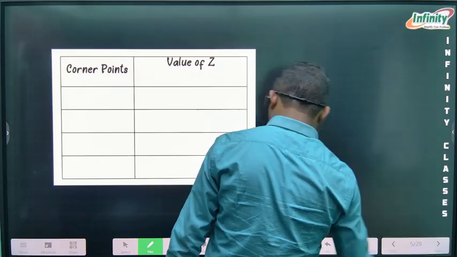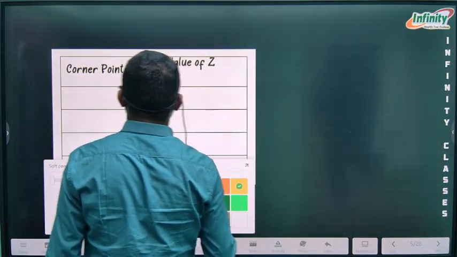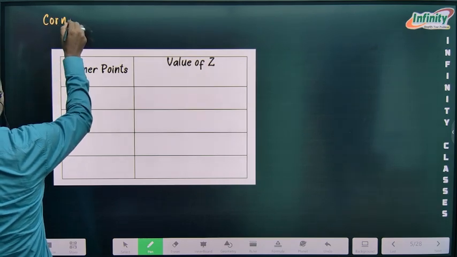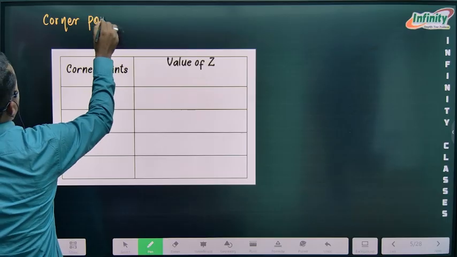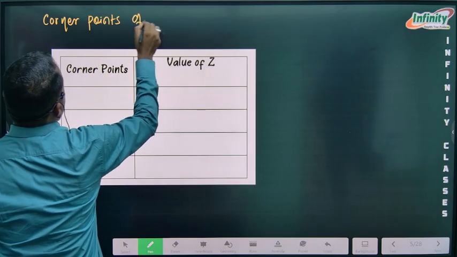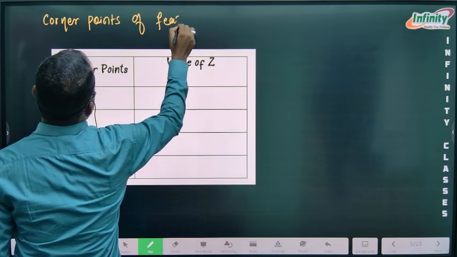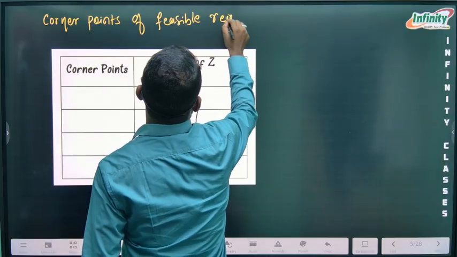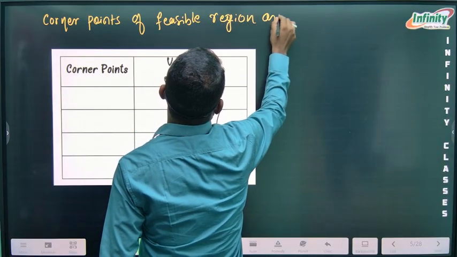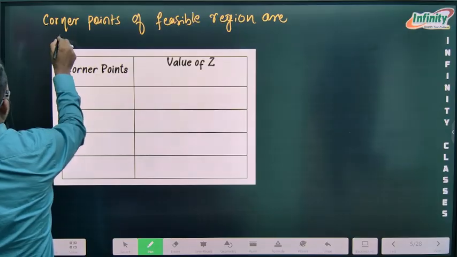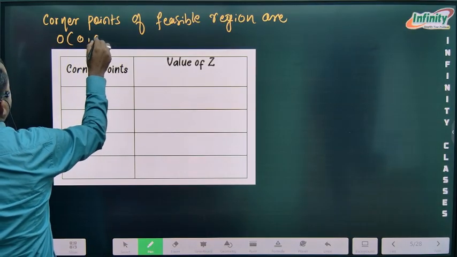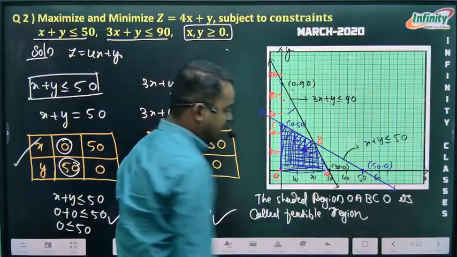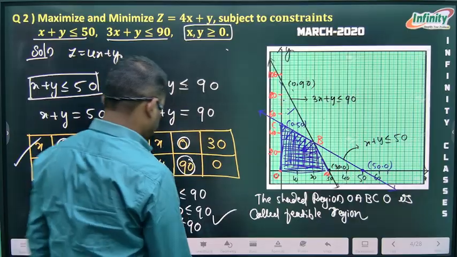In the next slide I will write the corner points. Corner points of the feasible region are O (0, 0) and A. What are the coordinates of A? From the graph we can observe here (30, 0).